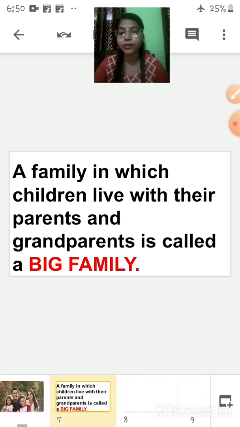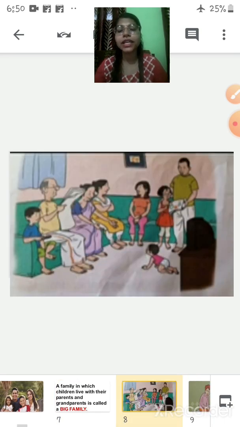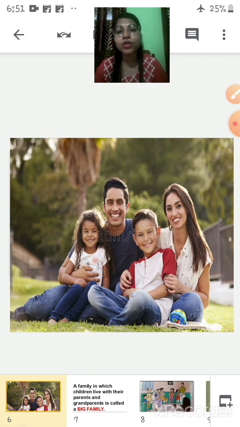Yes, so this is a picture of a big family. See, 4 children are there. Grandfather is there, grandmother is there, mother is there, father is there. So it is a big family. And this one is a small family.